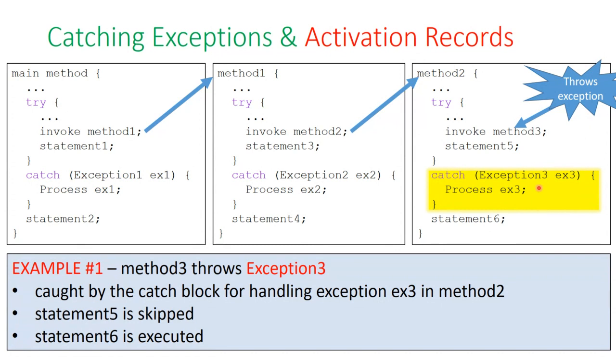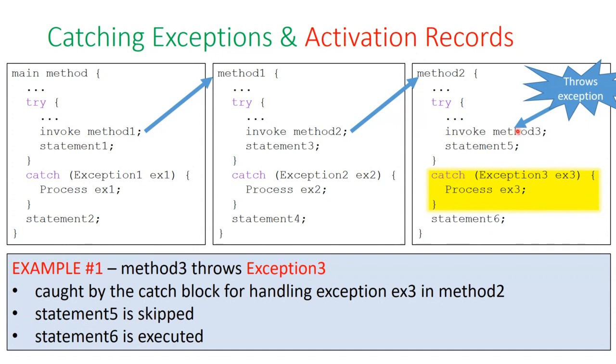Once I'm done executing everything in the curly braces that delimit the catch block that matched exception 3, I find myself at the next statement after the close of my try-catch block. So here we go, statement 6 is executed.